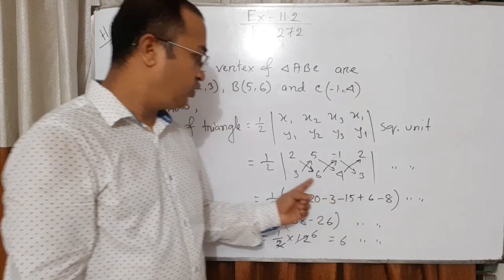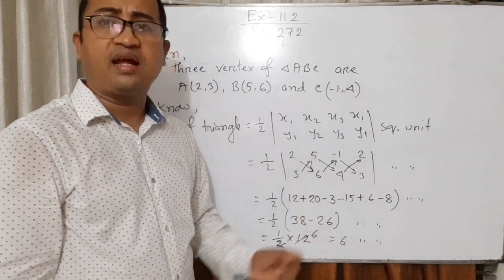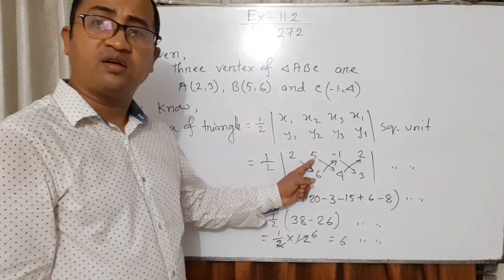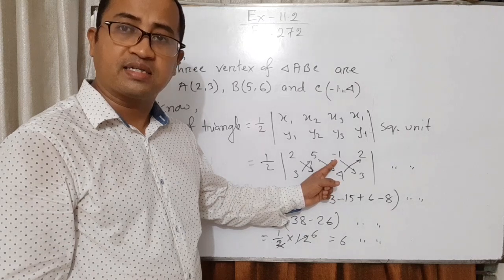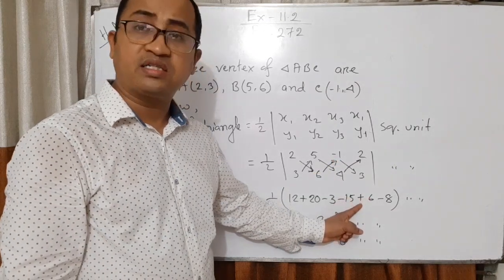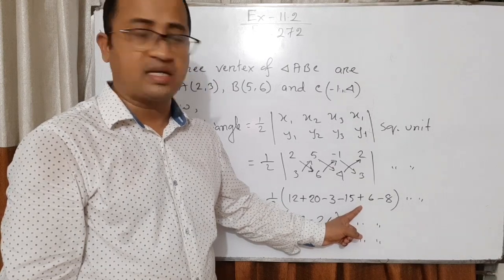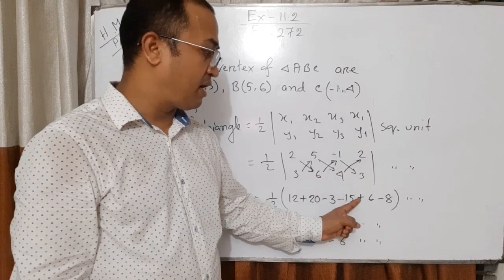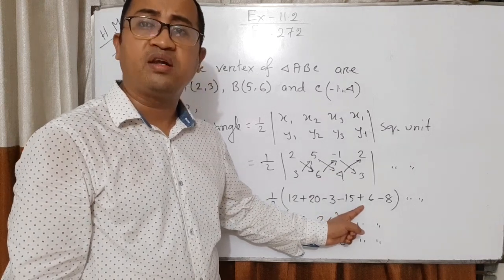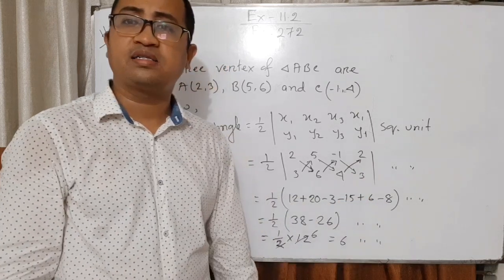Again, we multiply these and subtract. 3 times 5 is 15, so -15. 6 times -1 is -6. It was minus in the formula, but minus and minus will be plus. Again 4 times 2 is 8, that one is -8.